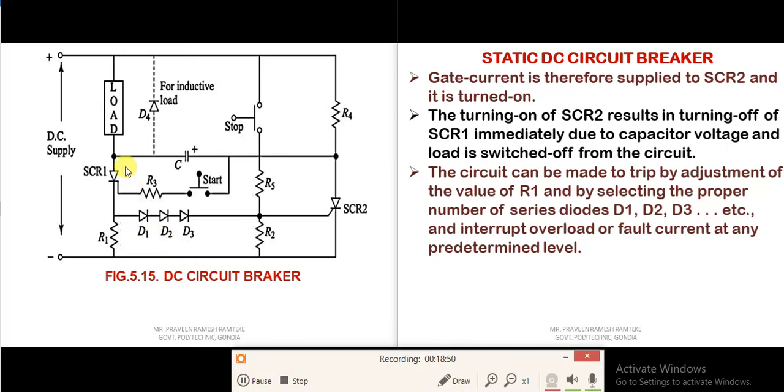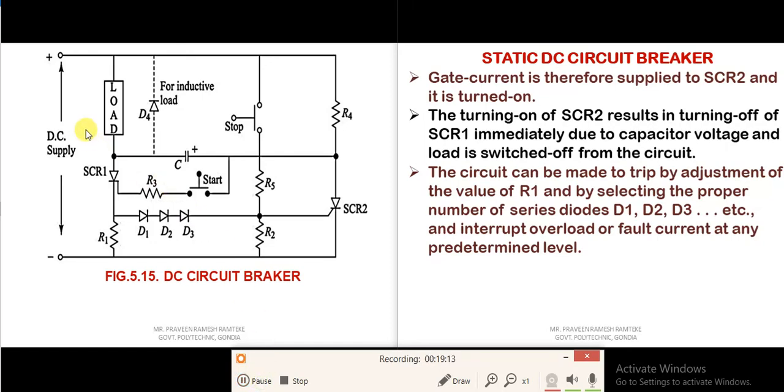So for proper breaking of this DC circuit, if the values of R1, D1, D2, D3 and so on are selected, the circuit can be turned off automatically.